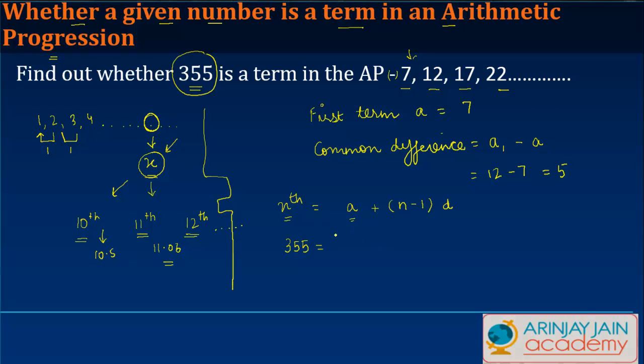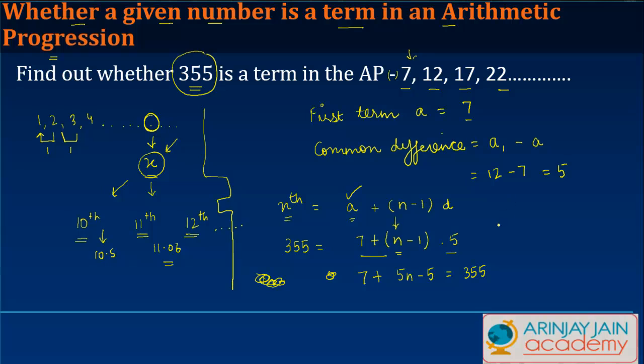If that be the case, then the value of 355 should be equal to a, which is, in our example, 7, plus (n minus 1). We don't know which term it is, right? So we need to find out the value of n, times 5. If you solve this, what do we get? We get 7 plus 5n minus 5 is equal to 355.